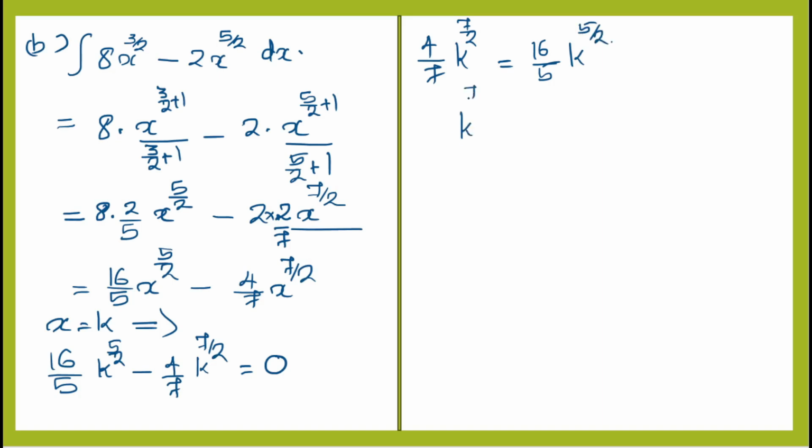Then k to the power 7 by 2 by k to the power 5 by 2 equals 16 by 5 times 7 by 4, that equals 28 by 5. Now k to the power 7 by 2 by k to the power 5 by 2 is k to the power 7 by 2 minus 5 by 2. That is k equals 28 by 5.